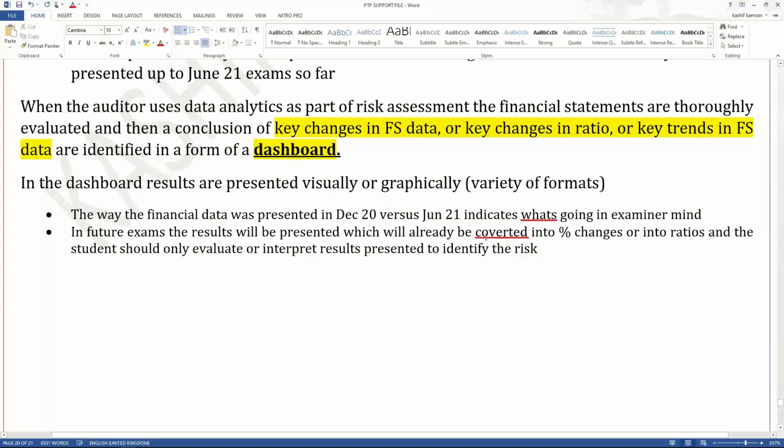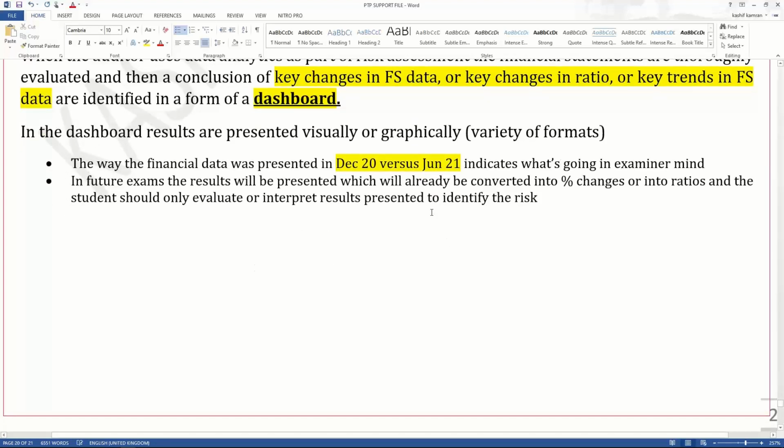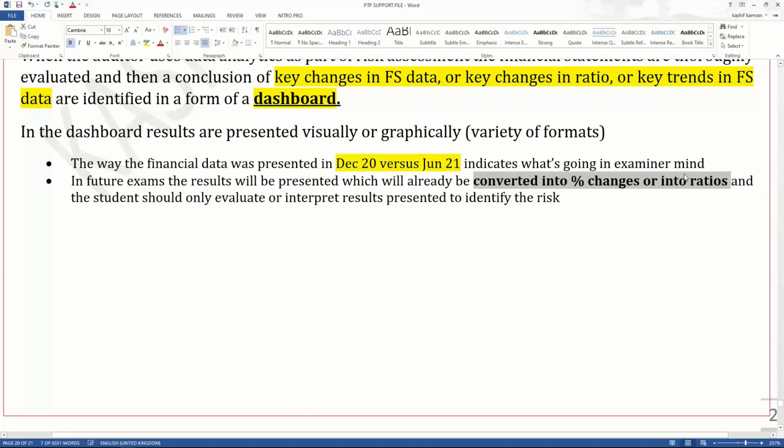So I think what the examiner has done from December 20 to June 21 indicates what's going on in the examiner's mind. And I believe that from the September 21 exams, one step will be eliminated. That is, you convert results into percentages and ratios. Rather, the results will already be converted, and you just need to evaluate what is the risk inside them. I hope you agree with me.